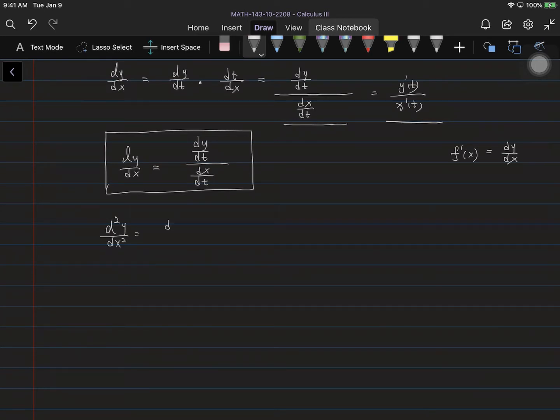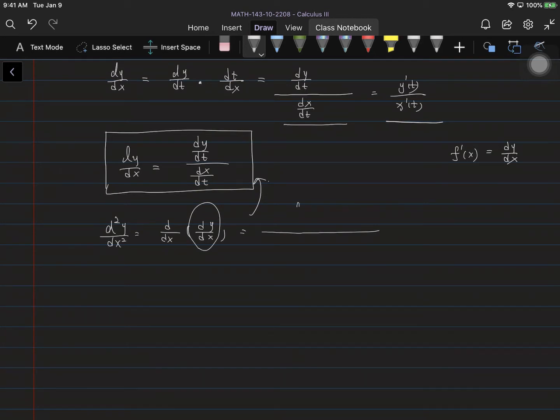The second derivative, d squared y over dx squared, equals what? It's the derivative of dy/dx, the first derivative, right? So right now we change this into dy over dx, which is a function in terms of t. So this is the same as the first formula.